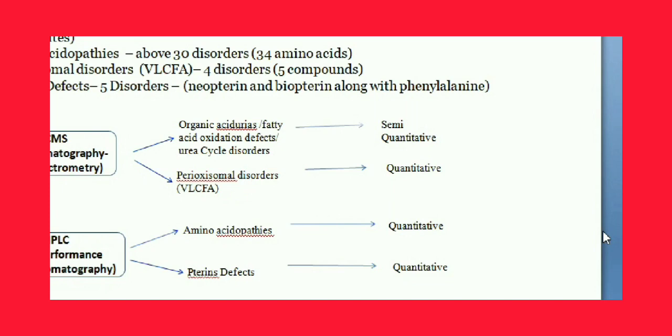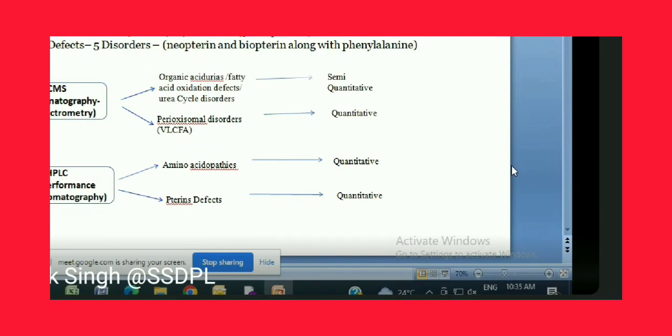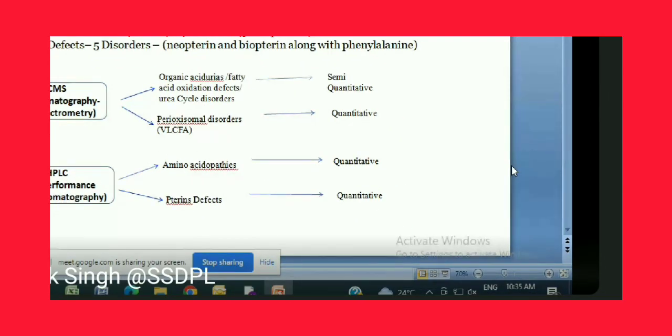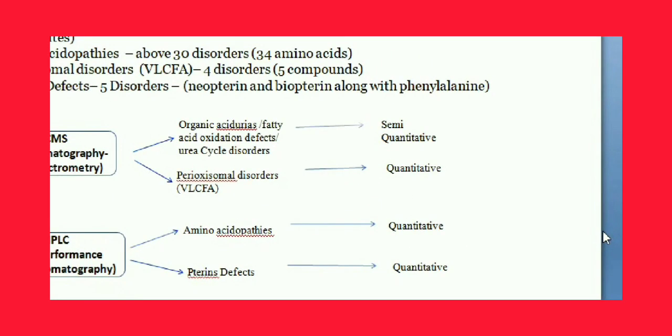This is quantitative again, and only 4 disorders, which you'll see in the next slide. And in pterin defects, there are 5 disorders which we will cover, and only 2 analytes, which are neopterin and biopterin. These are the other 2 products of phenylalanine metabolism, as I showed you in the pathway.